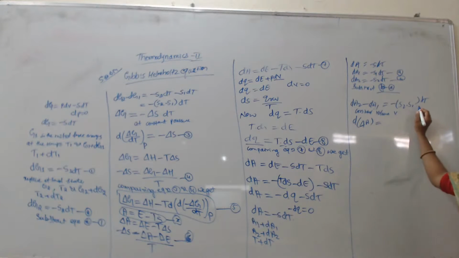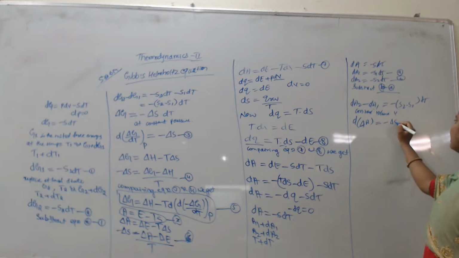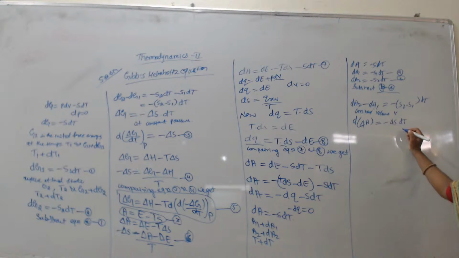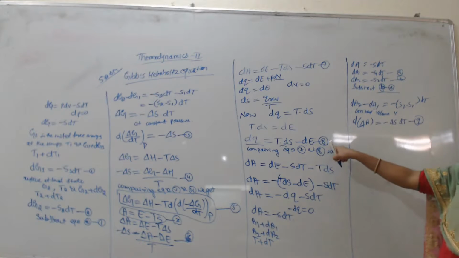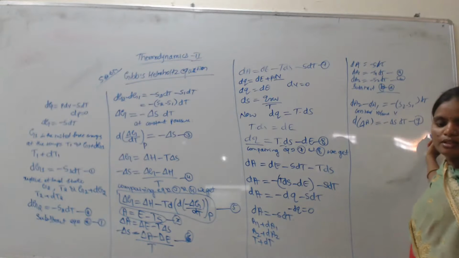This S2 minus S1 means delta S. Here minus delta S into dT. This is equation number 9, at constant volume.